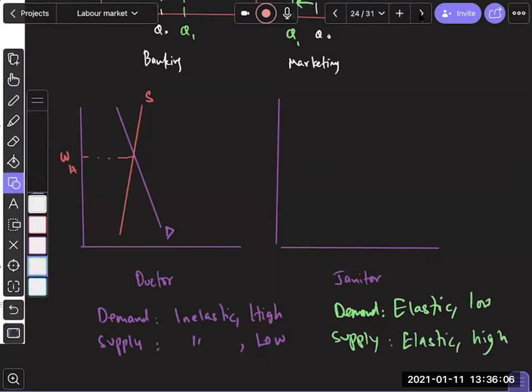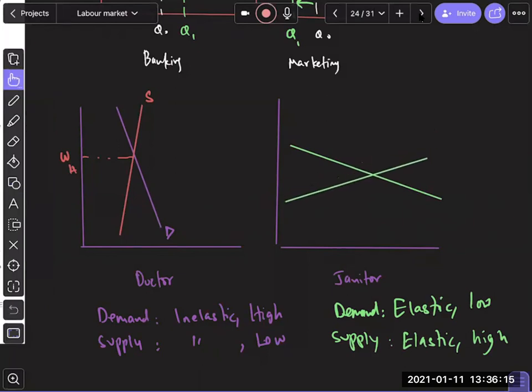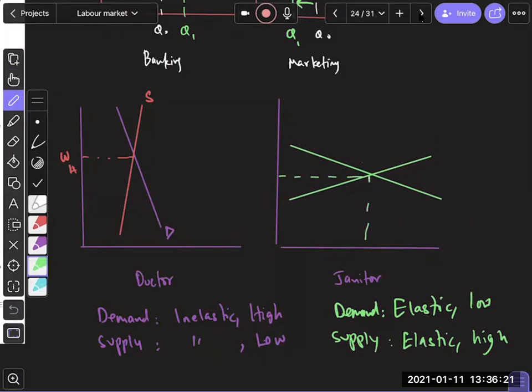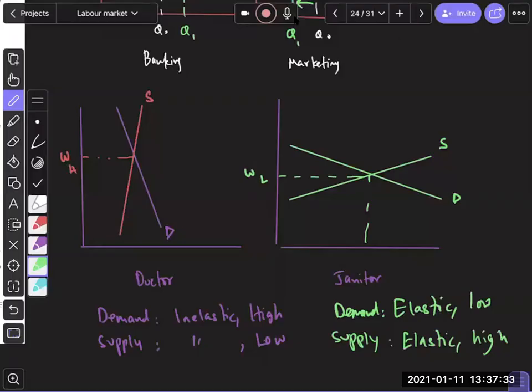And as a result, the wage is... just 1 minute, guys. Sorry. So wages for janitors will be low, right?